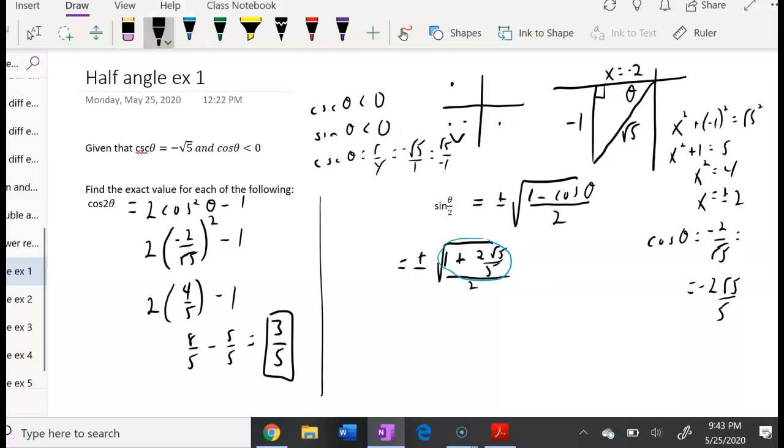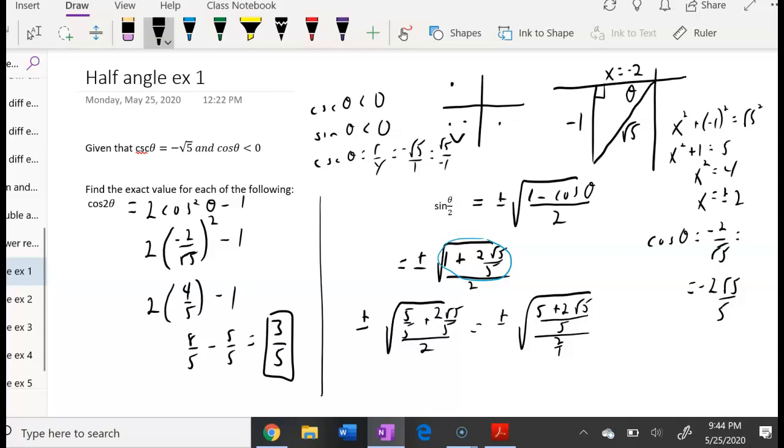So we're going to have plus or minus the square root of 5 over 5 plus 2 rad 5 over 5, and that's all over 2. And that's plus or minus the square root of 5 plus 2 rad 5 over what is now a common denominator of 5, and that's all over 2 over 1.